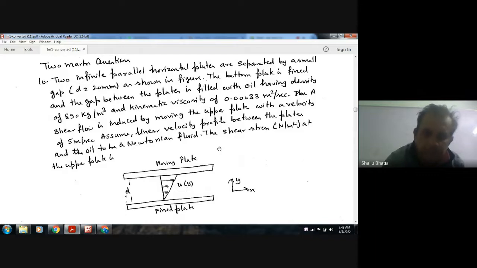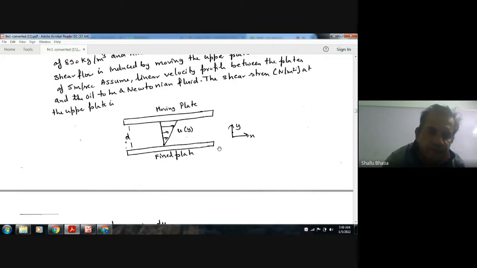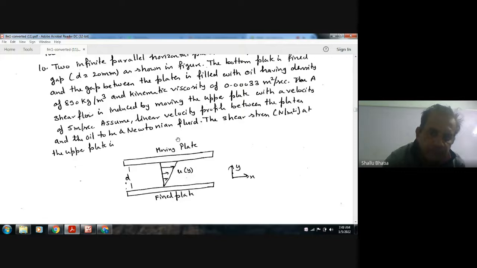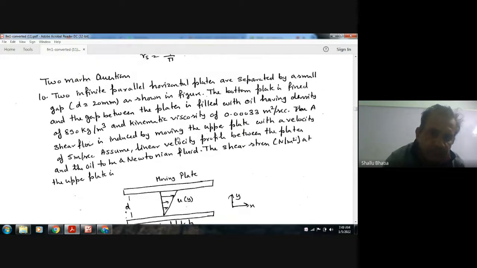The shear stress at the upper plate is? So this is the moving plate, this is the fixed plate, this is the velocity profile, and this is the gap d, and u(y) is the velocity profile of the fluid. The velocity of the upper plate is 5 meter per second, and the gap is 20 mm.